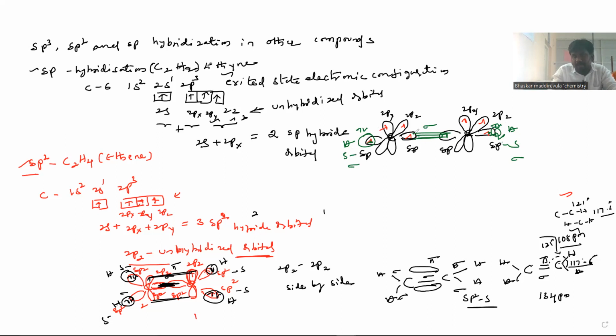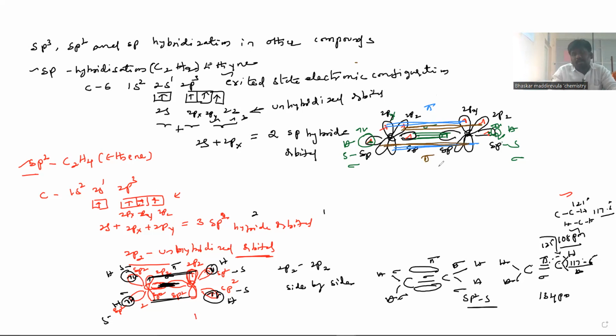Okay, the remaining two unhybridized orbitals are involved in side by side overlapping. The 2py and 2py overlap side by side and cause one pi bond. In the same way, the 2pz and 2pz also overlap side by side and give one more pi bond.